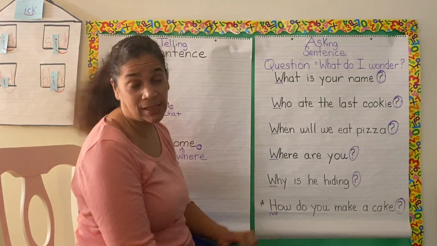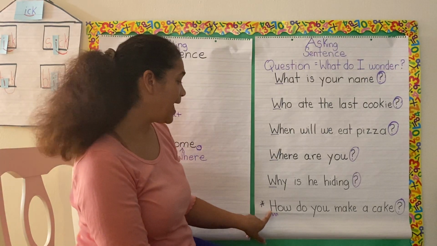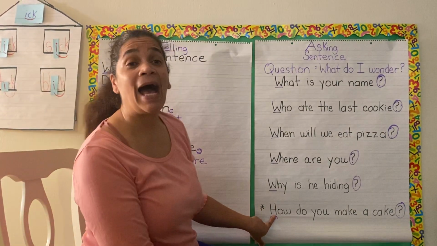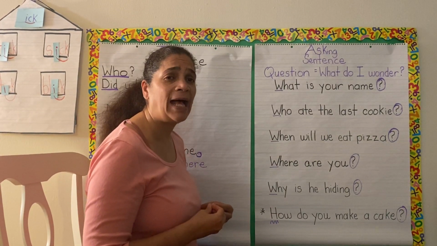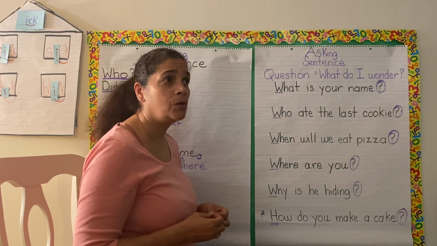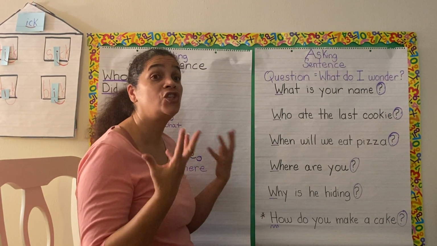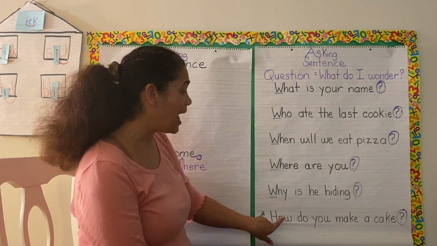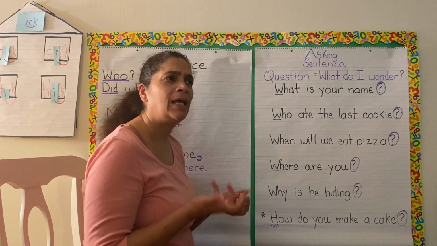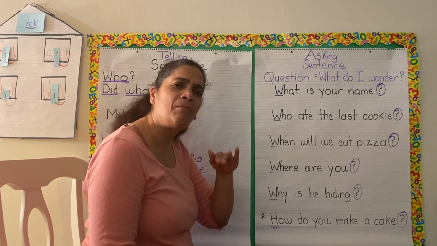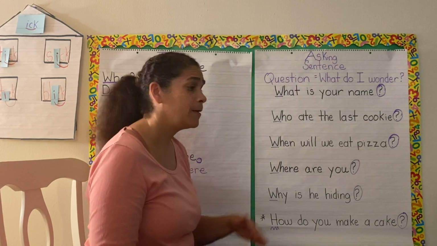Now the last one does not begin with W. It begins with H. And it is the word how. When we are using the question word how, we want to know the steps so that we can solve something. How do you make a cake? Well, we're asking, can you give me the steps so that I may follow them and make a cake?